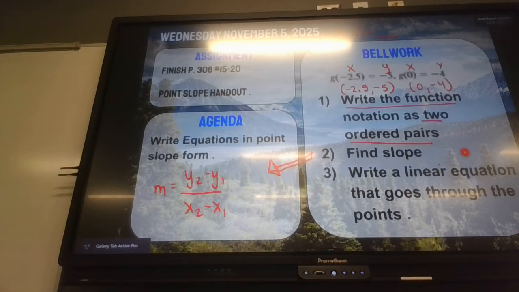Let's plug that in for x2 and y2. Definitely those calculators coming off the desk since we have negatives and subtracting. We haven't been using calculators a whole lot. Today we can do it. Okay, so I'm doing y2 minus y1, x2 minus x1.